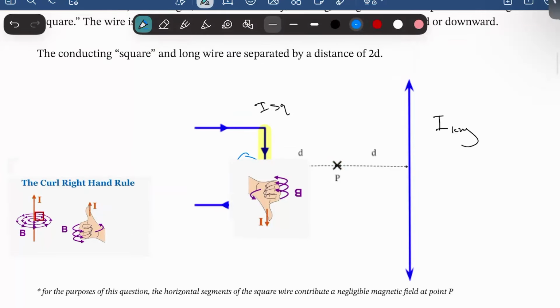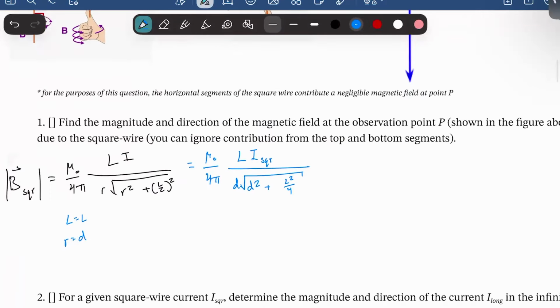So we know that B squared has to be pointing out of the page. So we can write it as positive z hat direction.